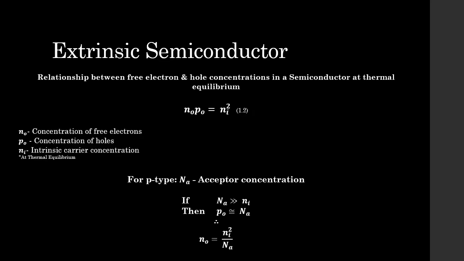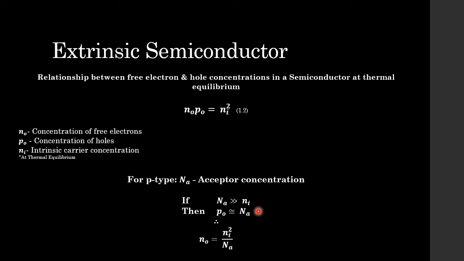Now, an equation to put it all together. The relationship between free electron and hole concentrations in a semiconductor at thermal equilibrium is given by equation 1.2. And we can see that for a p-type semiconductor, the acceptor concentration, which is noted by capital NA, if the acceptor ion concentration is much greater than the intrinsic carrier concentration, then we can assume that the concentration of holes is approximately equal to the acceptor concentration.